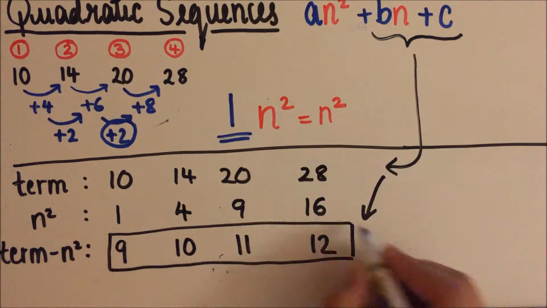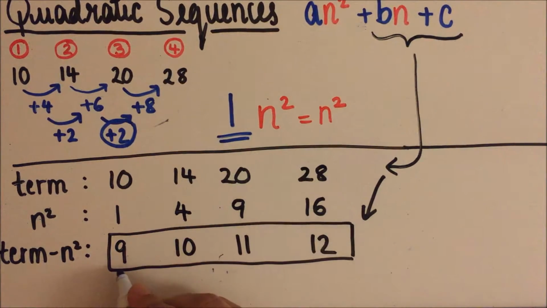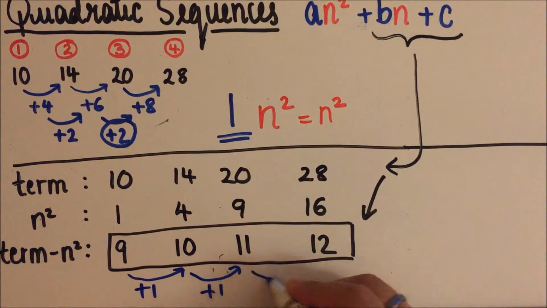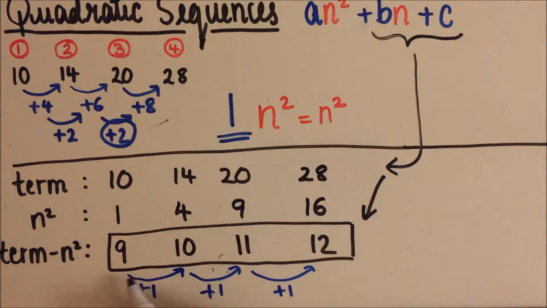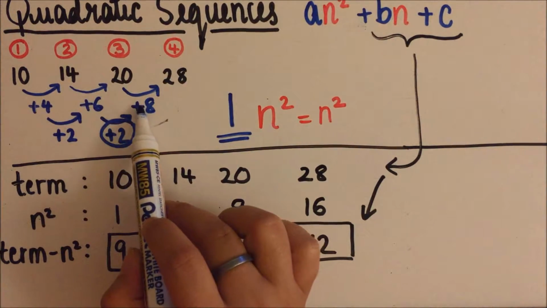So treat this like one of the linear sequences and find the formula for this. So to go from 9 to 10, you add 1. To go from 10 to 11, you add 1. And to go from 11 to 12, you add 1 again. You can see the difference this time is constant. It's plus 1, plus 1, plus 1. And as we discussed for linear sequences, the difference every single time will be the same, unlike here where it was plus 4, plus 6, and plus 8, okay?